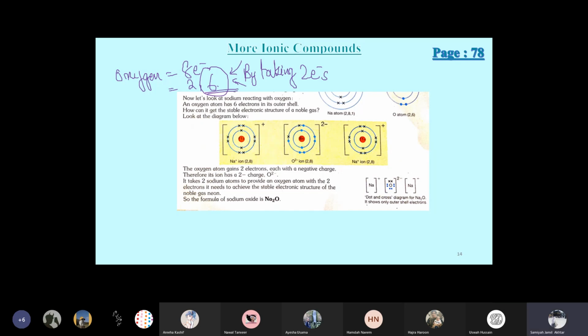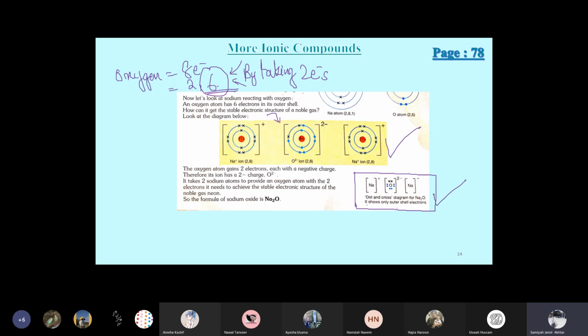Look at the diagram below. This is the same diagram that we just drew: oxygen in the middle and 2 sodiums on the sides. Okay, the same diagram which we practiced. There is another way of drawing a dot and cross diagram, the small diagram. You can draw it in this way also.